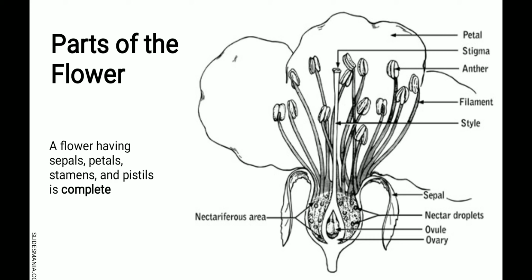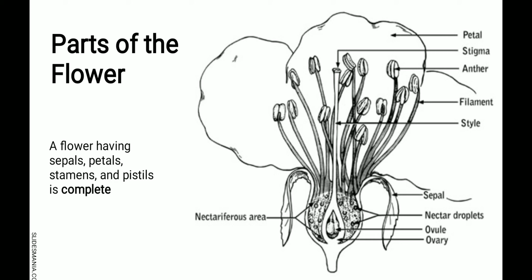So, when the male and the female flowers are on different plants, the plant is dioecious. Okay, dioecious. Like for example, the date, the holly, the cottonwood, the willow. So those are the examples of dioecious plants. So when there are male, female, and bisexual flowers on the same plant, the plant is termed as polygamous.